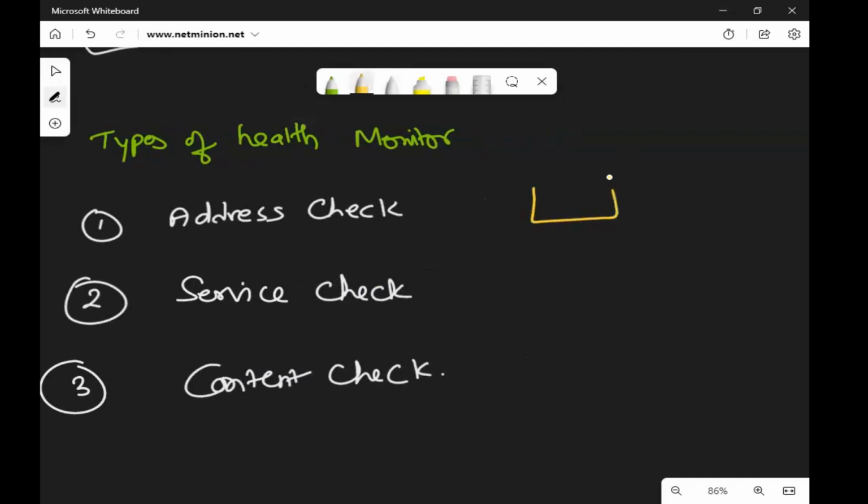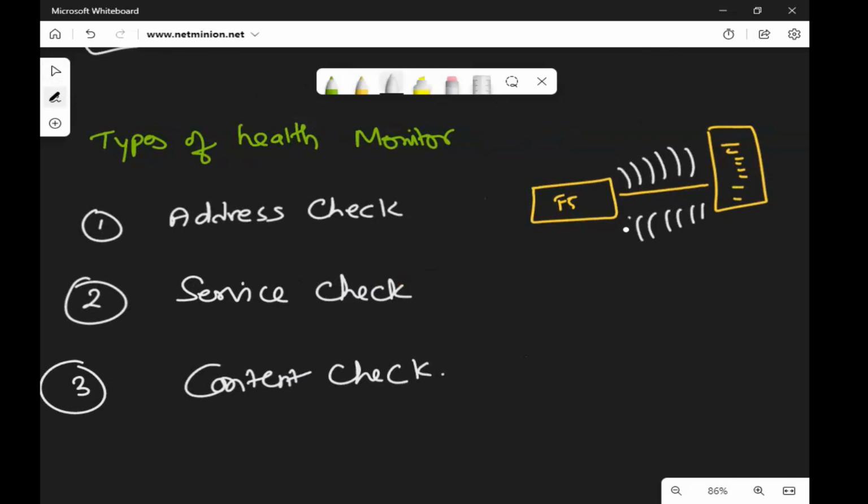This is your F5. Just for simplicity's sake, I am creating one server only. There is a server, and F5 is sending probes, and obviously the server has to reply. If 3 probes are sent by default and there is no answer, after 1 more second it will mark it as down.